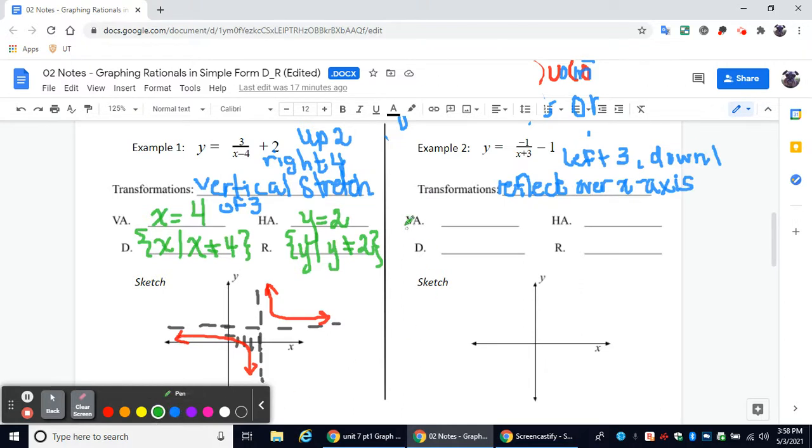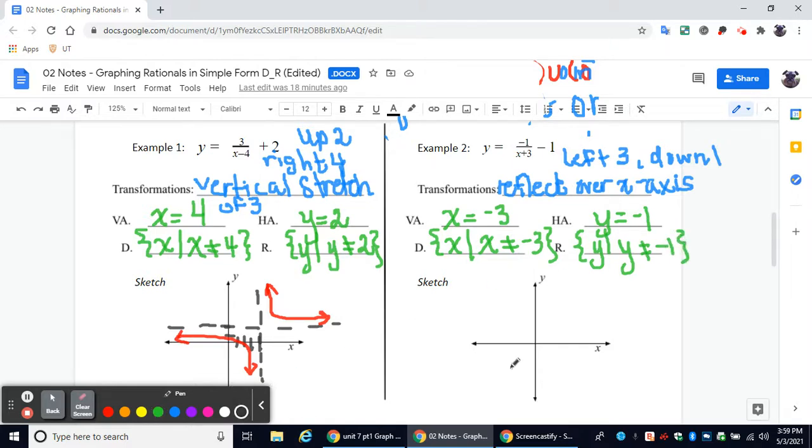Okay, so our vertical asymptote is at x equals -3, and the horizontal asymptote is y equals -1. Our domain, remember, is all real numbers except for the vertical asymptote, so we can say that x does not equal -3. And the range is all real numbers except the horizontal asymptote, so we're going to say y does not equal -1.